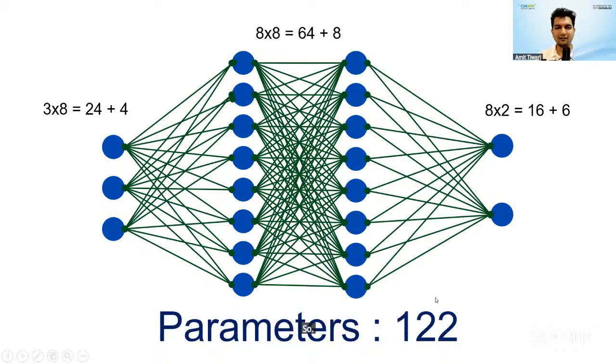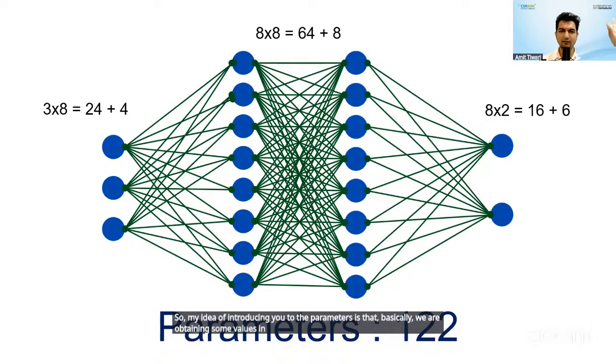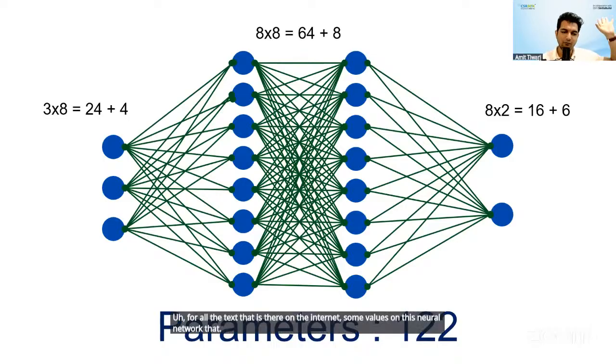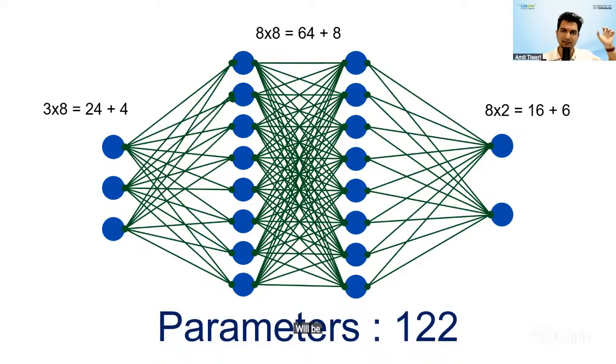My idea of introducing you to parameters is that we are obtaining some values in a neural network for all the text on the internet, values that are kind of a gist of the language, holding all the information written on the internet.